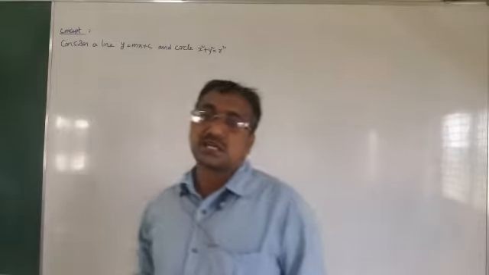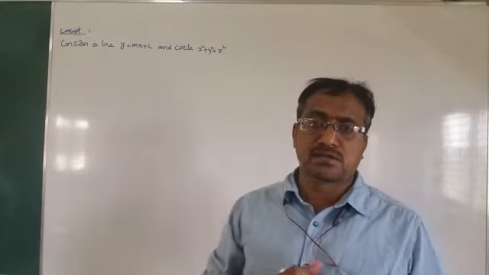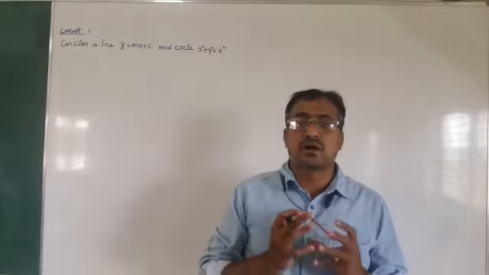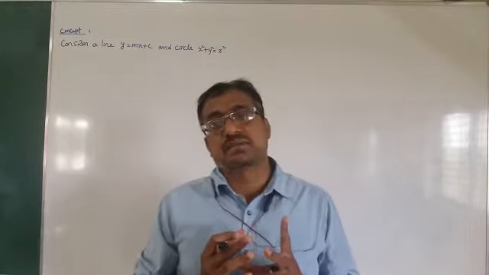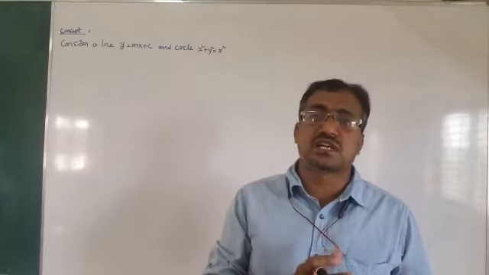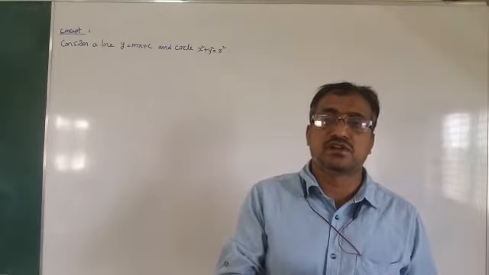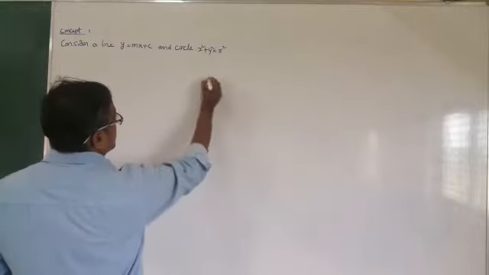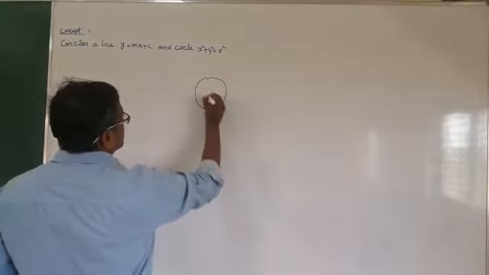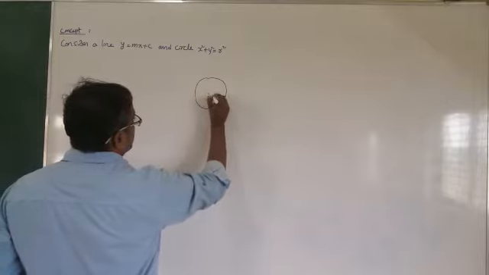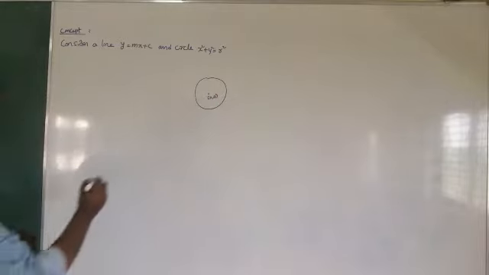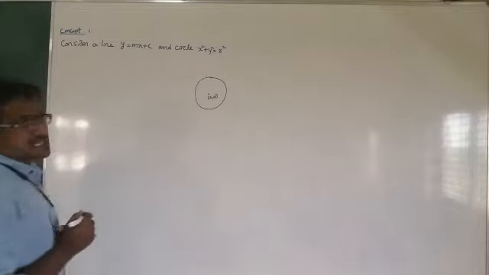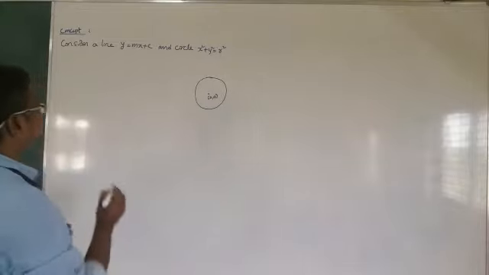Now let us consider a line y is equal to mx plus c and a circle x square plus y square is equal to r square. Now x square plus y square is equal to r square is a circle with center 0, 0 and radius small r. Now we know that a line can take three positions with respect to the circle.